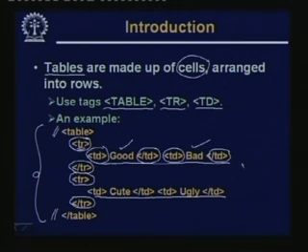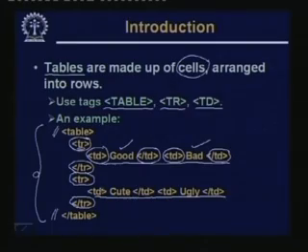So this definition within a particular row tells you that there are two elements in the row. There are two td and end td pairs, which means there are 2 cells in the row. Similarly, if you look at the second row, there will be a similar thing, definition begins, ends, begins, ends. The contents are cute and ugly.